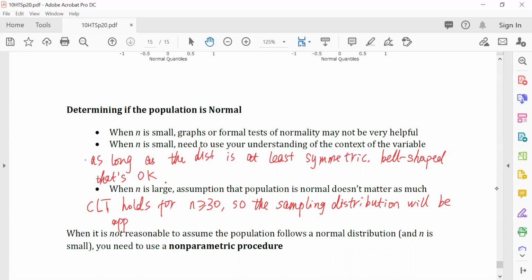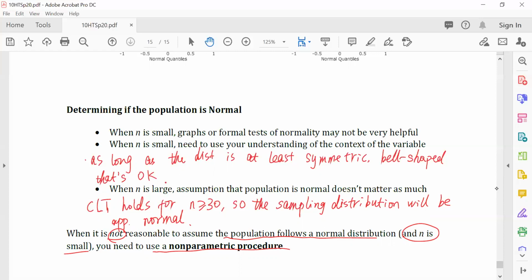So you should be good. And if it is not reasonable to assume the population is normal and your n is small, then you can't use this t-test. You have to use a non-parametric procedure.